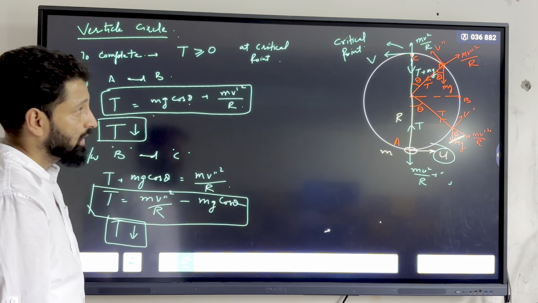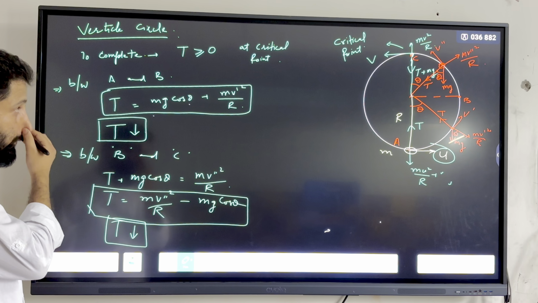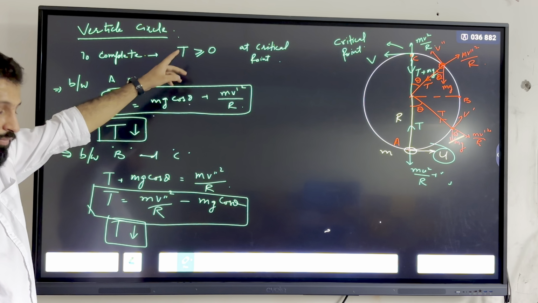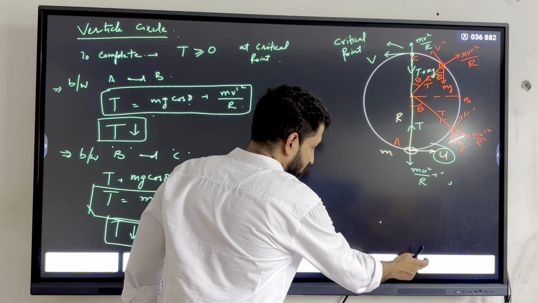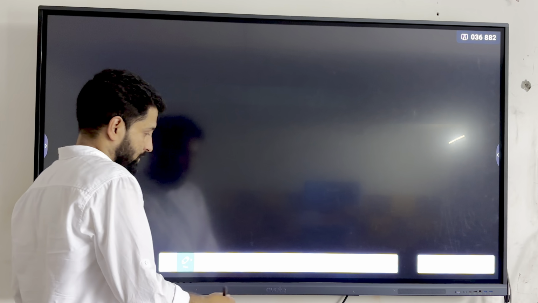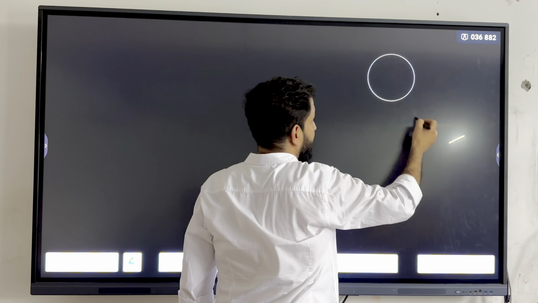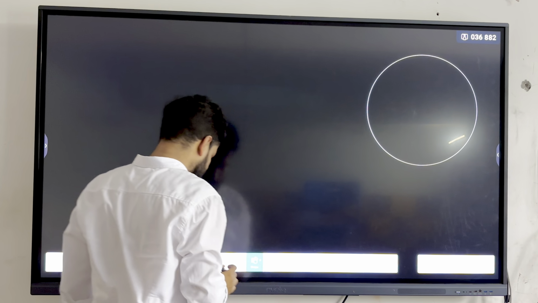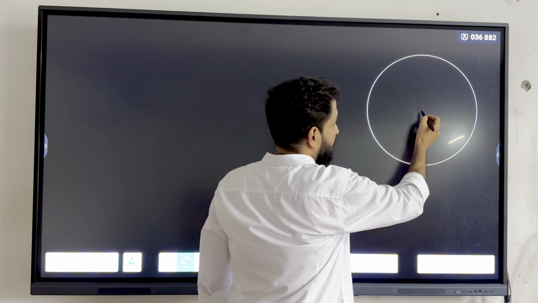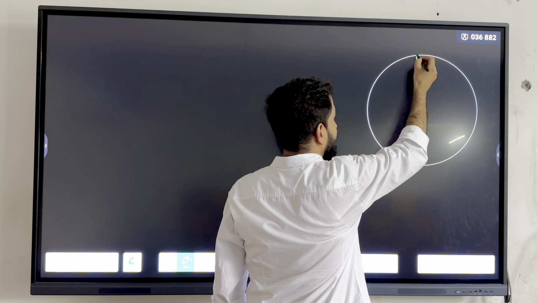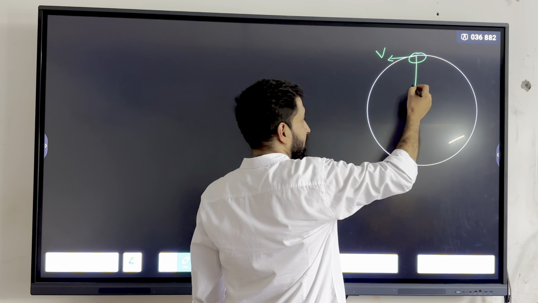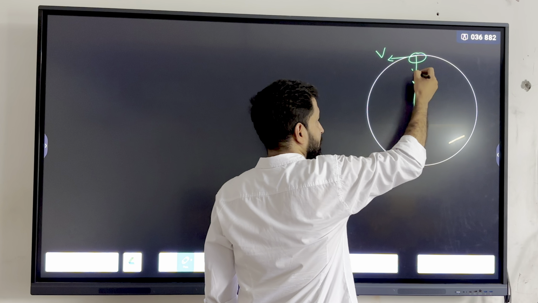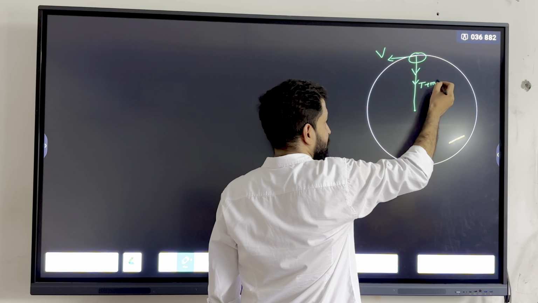At point C, at the critical point, this condition will follow. At the critical point we will find the velocity. Okay, let's move to the other page. Let's make the circle again. Let's have this position at the critical point. At the critical point, let's assume the velocity is v, tension is T, and mg is in this direction.